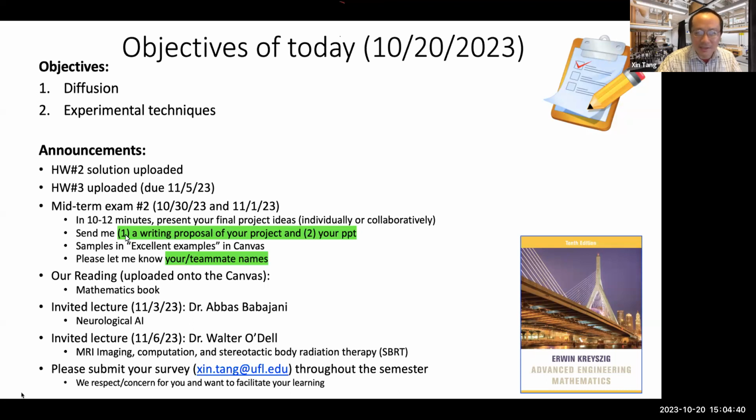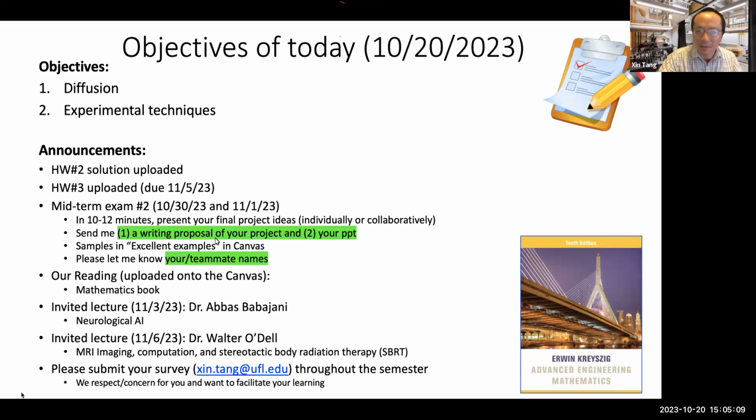And then the second thing is, after the presentation, you can send me your writing proposal. So that you can actually prepare now. This writing proposal, I showed the format in previous lectures, right? However, this writing proposal is mainly for me to give you comments. So you write it as carefully and as completely as possible.